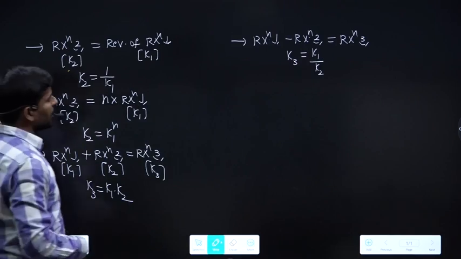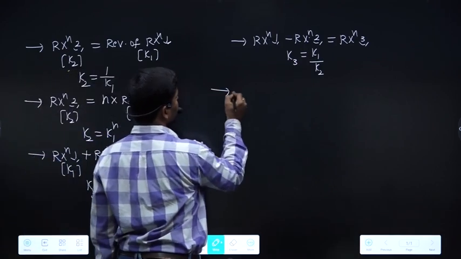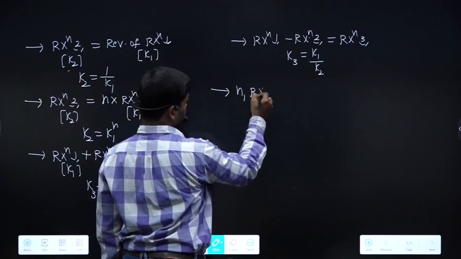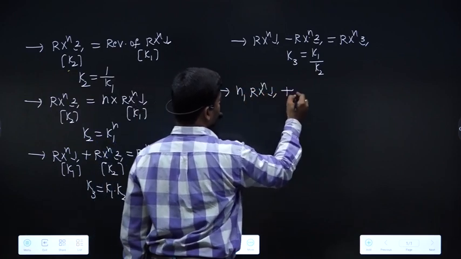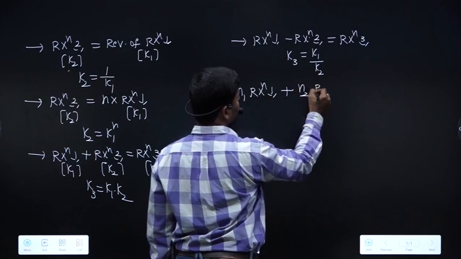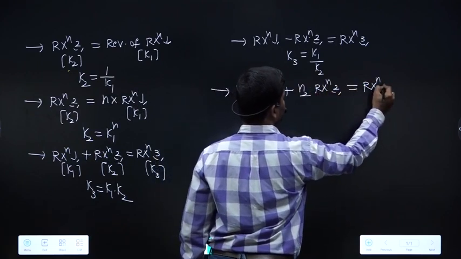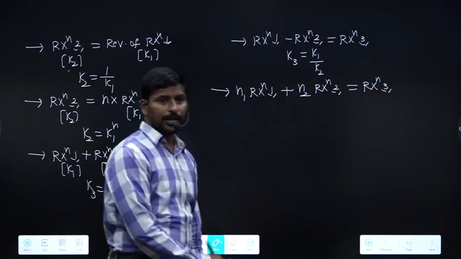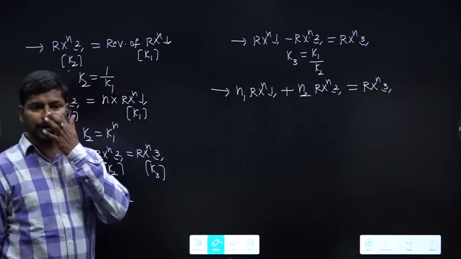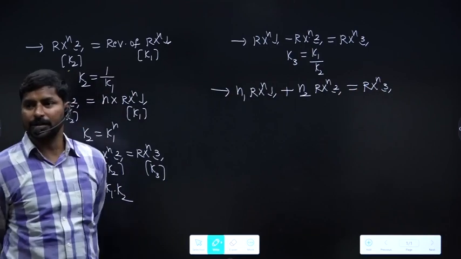For example, I am giving like this. N1 into reaction 1 plus N2 into reaction 2 gives rise to reaction 3.